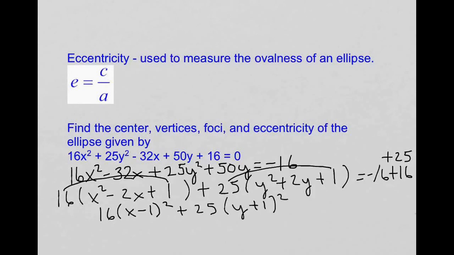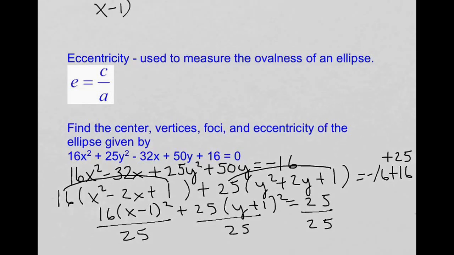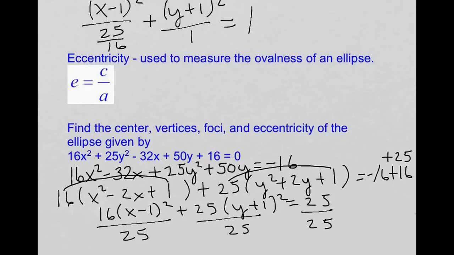1 squared equals 25. Okay, I need to divide everything by 25 because I need to make the right-hand side equal to 1. And that gives me the equation of x minus 1 squared over 25 over 16 plus y plus 1 squared over 1 equals 1.